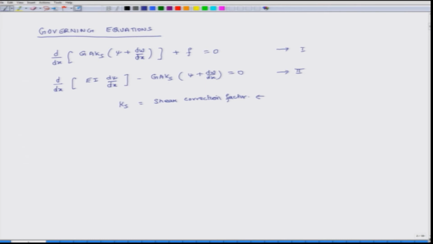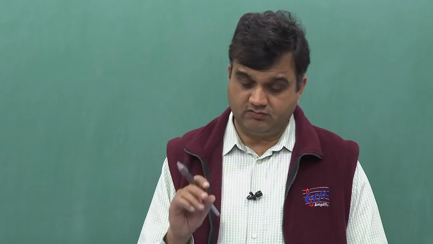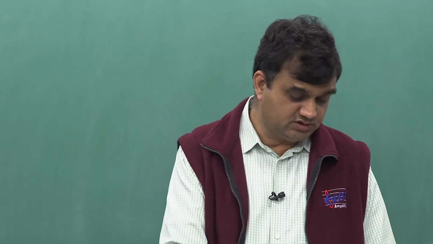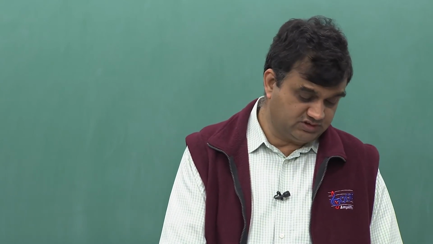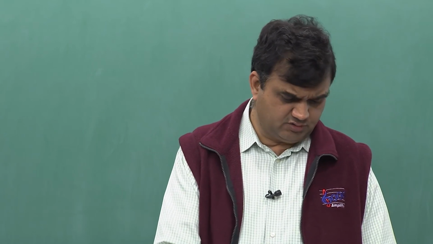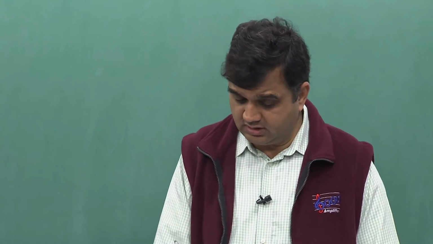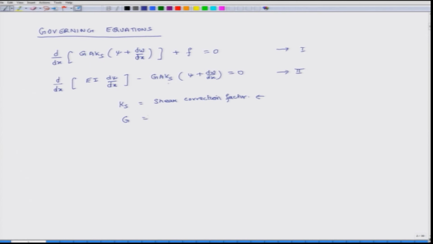We actually evaluate this correction factor and we incorporate it into the equation. So, that is our shear correction factor. G is the shear modulus of material, and A is the cross sectional area of the beam.